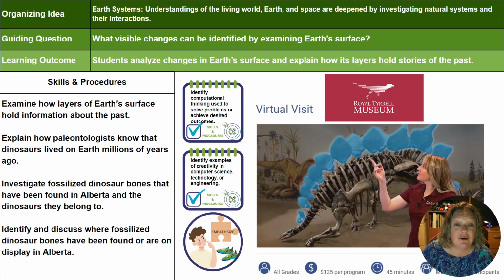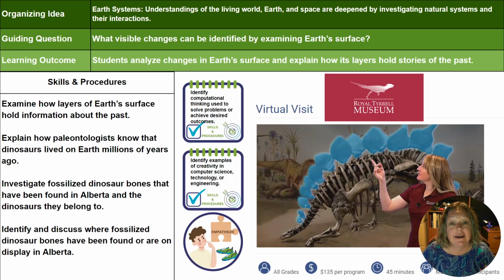So lots of opportunities to explore these computer science skills and procedures, while also learning about how fossilized dinosaurs have been buried, and how scientists are uncovering them and learning a lot about what the earth was like millions of years ago. And this is all due to science and advances in technology.